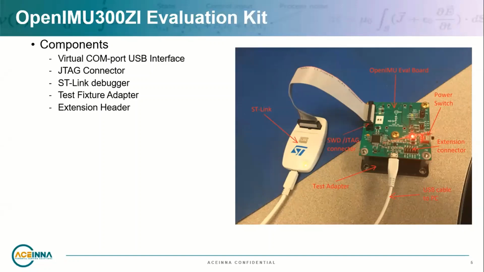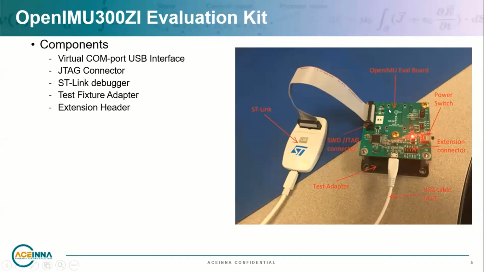And we have the eval board along with the coordinate reference frame mount diagram on the board as well, which helps you to mount it properly on your vehicle or any platform.